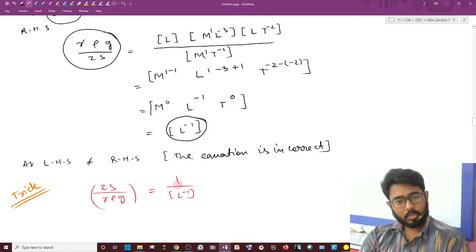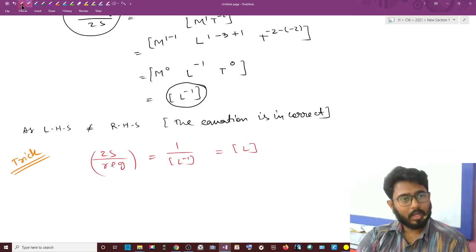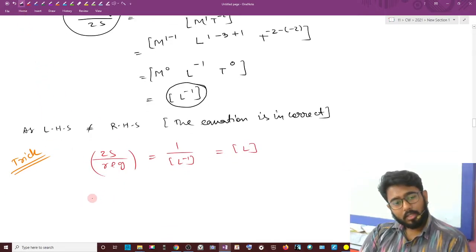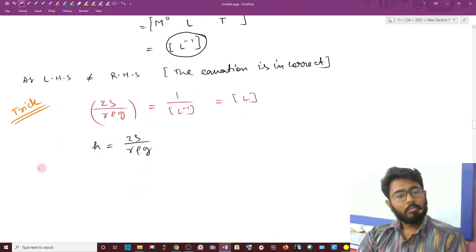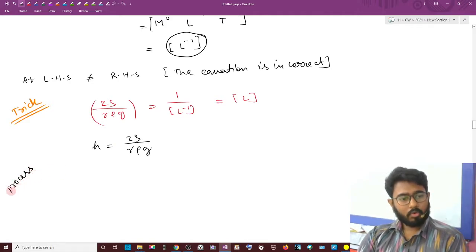If I flip this one, it will simply be L. So we can write it directly that the equation will be 2s by R rho G. Okay, this is the trick method, but we will follow the process.